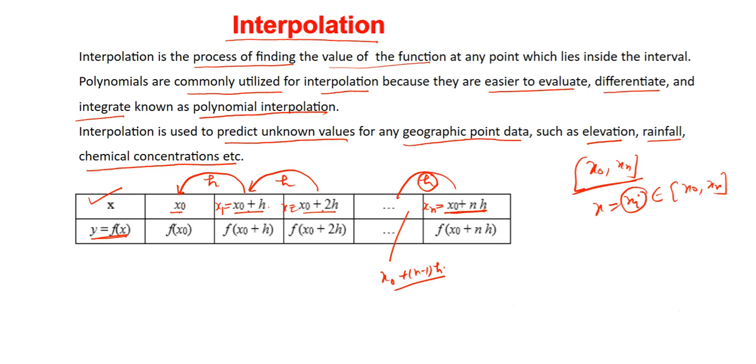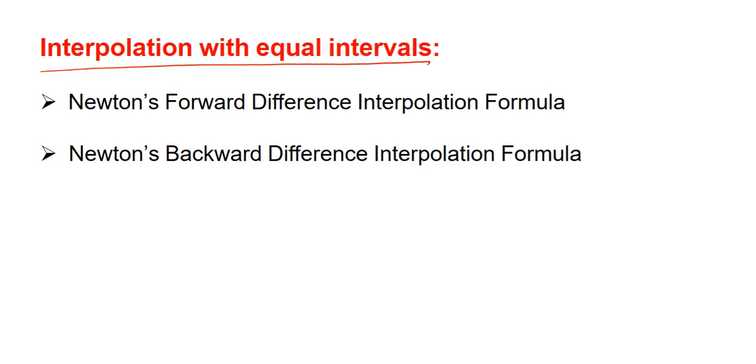In that case we apply two interpolation formulas. The first formula is known as Newton's forward difference interpolation formula, and the second one is known as Newton's backward difference interpolation formula. The question arises: when do we apply Newton's forward difference interpolation formula and when do we apply Newton's backward difference interpolation formula?